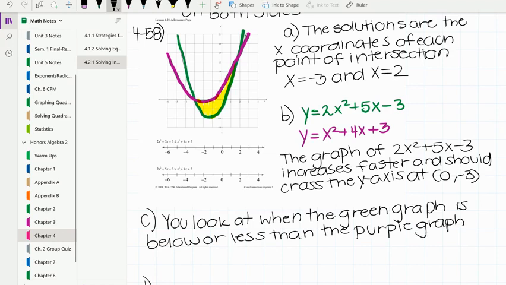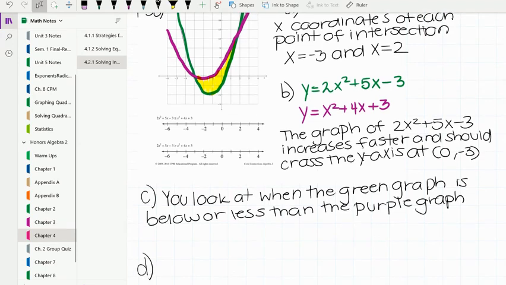That's when those x values that we found at the beginning are going to come into play. Those are our boundary points, so those are always going to be important. I know it's something to do with -3 and 2, but if we're talking about when the green graph is below the purple graph, it's when it's between -3 and 2.